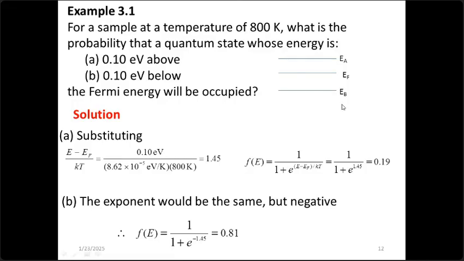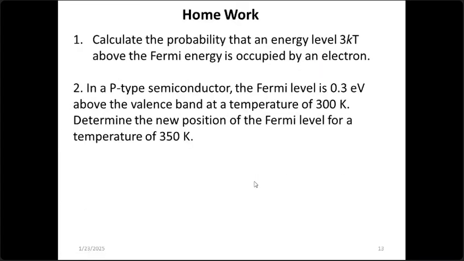And we have calculated the probabilities. For the first case, we find the probability is 0.19. For the second case, the probability is 0.81. Please do not confuse yourself, you are able to do this. So the probability here is 0.19, 0.81 for this one. Therefore, it is more likely to find an electron in this system being in this level.